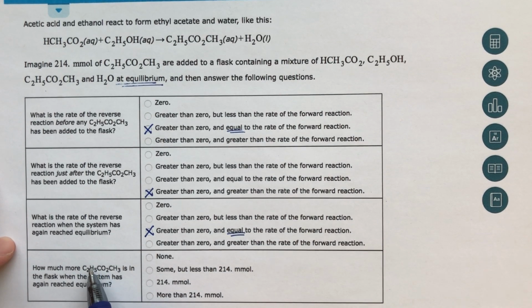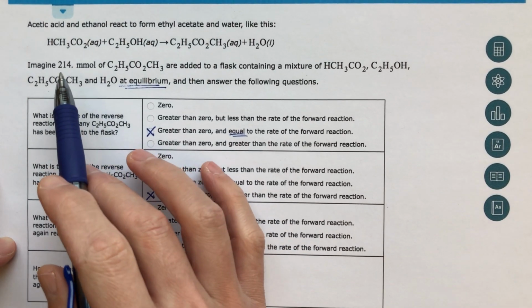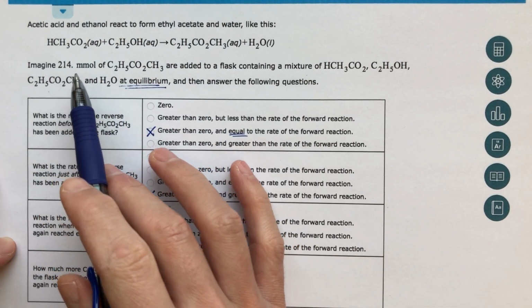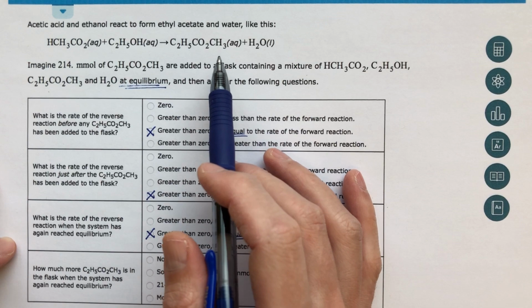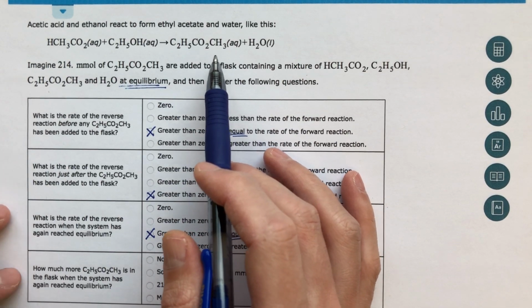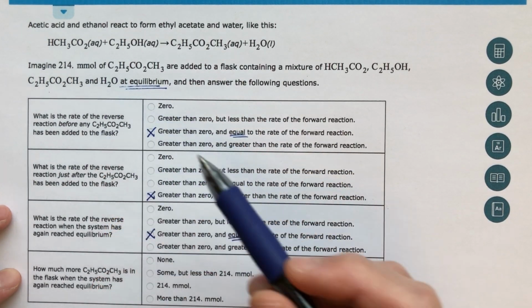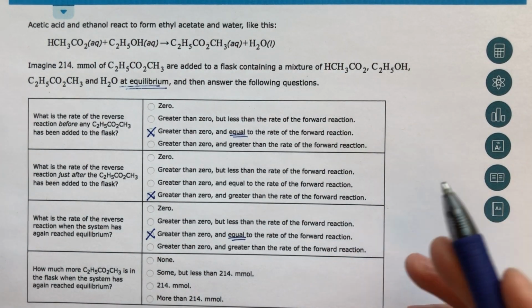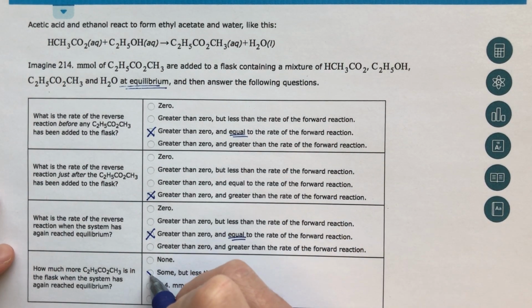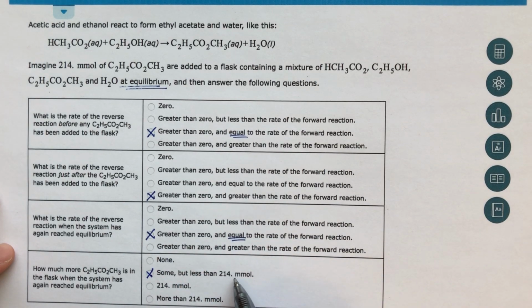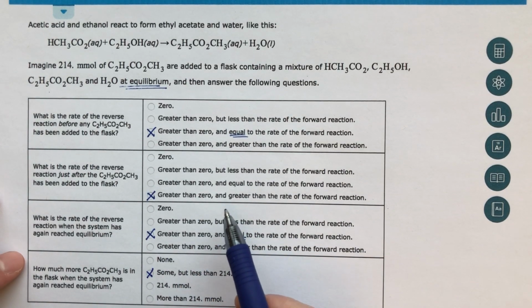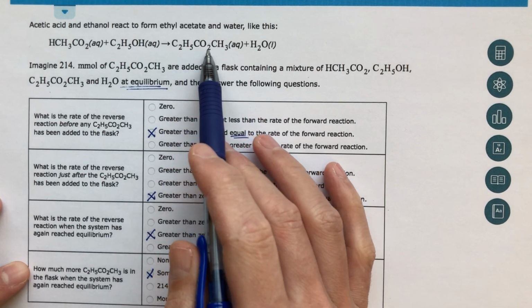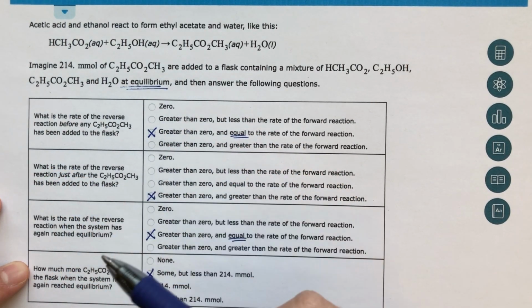How much more ethyl acetate is in the flask when the system has, again, reached equilibrium? So this is asking us, in terms of this number here, we're going to add in 214 millimoles. Is all of that going to go away? Is all of that going to convert to reactants? Is none of it going to convert to reactants? What's going to happen with that? So the correct answer here is some, but less than 214 millimoles. So it's asking how much of this additional ethyl acetate is going to be left over.